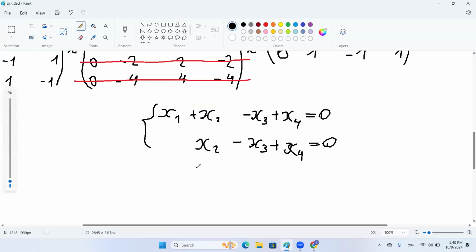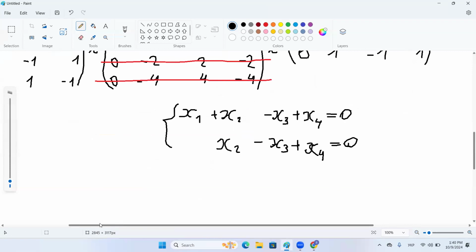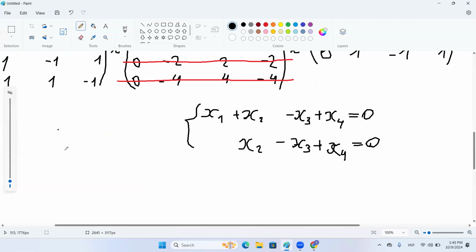So, basis variables are x1 and x2, and free variables are x3 and x4.